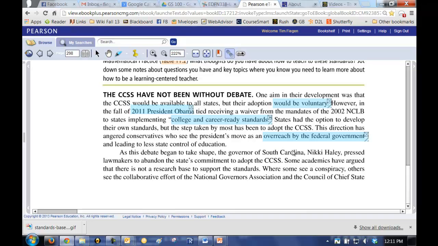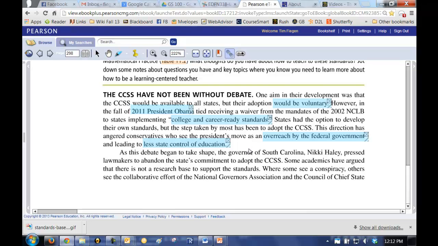Not an overreach, and leading to less state control of education. State control, how about the locals? Education, remember we studied earlier that education is all to be at the state level? And as the day began, the other thing they didn't leave out here is the president also said he awarded Race to the Top money to states that adopted this early at his discretion.